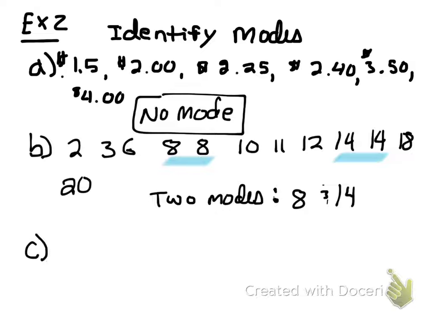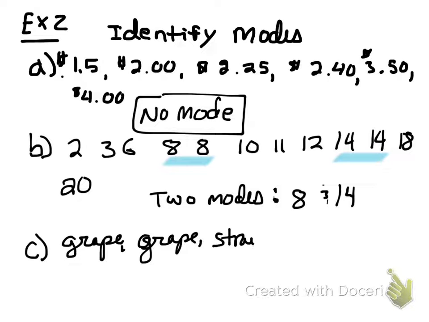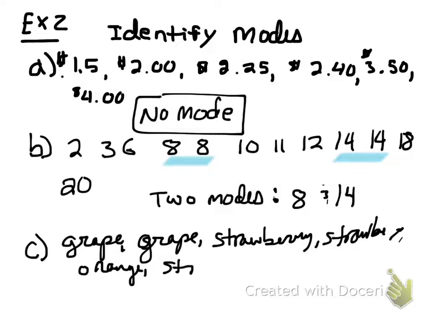Okay, we're going to do one more example. A list of words. Grape, grape, strawberry, strawberry, orange, strawberry, watermelon.